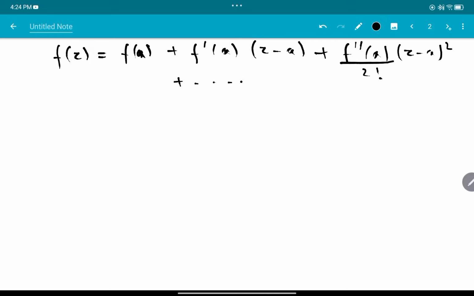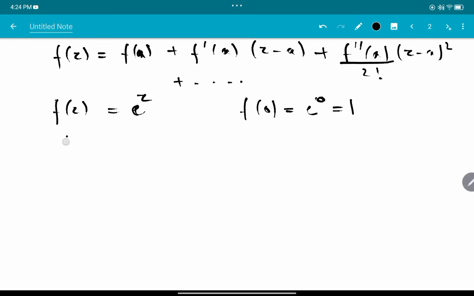Suppose we start with three simple expressions which we will be using frequently. One is f(z) equal to e raised to z, the exponential function. Now it is quite simple. About z equal to 0, I will require these values. f(0) is equal to e raised to 0, that is simply 1.